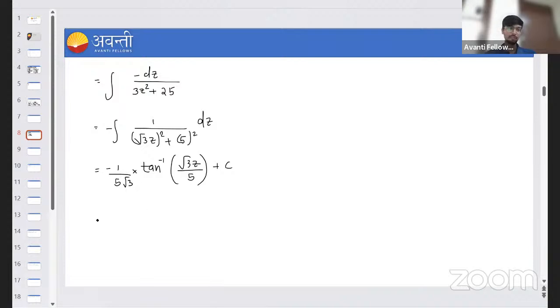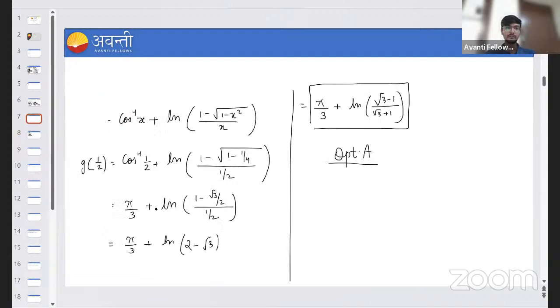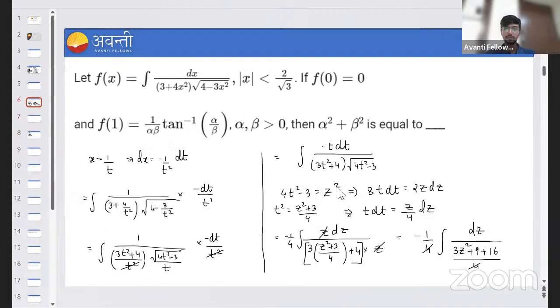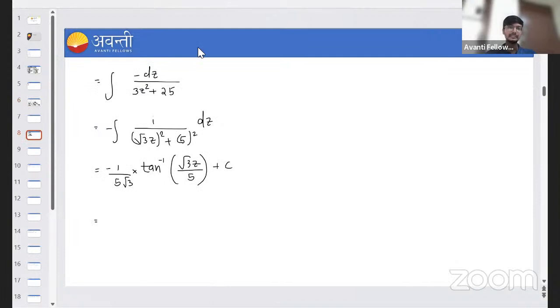Let us resubstitute the value of z. What was the value of z? z square it is. Okay. So z was under root of 4t square minus 3. So minus 1 upon 5 root 3 tan inverse of root 3 into under root of 4t square minus 3 upon 5 plus c.